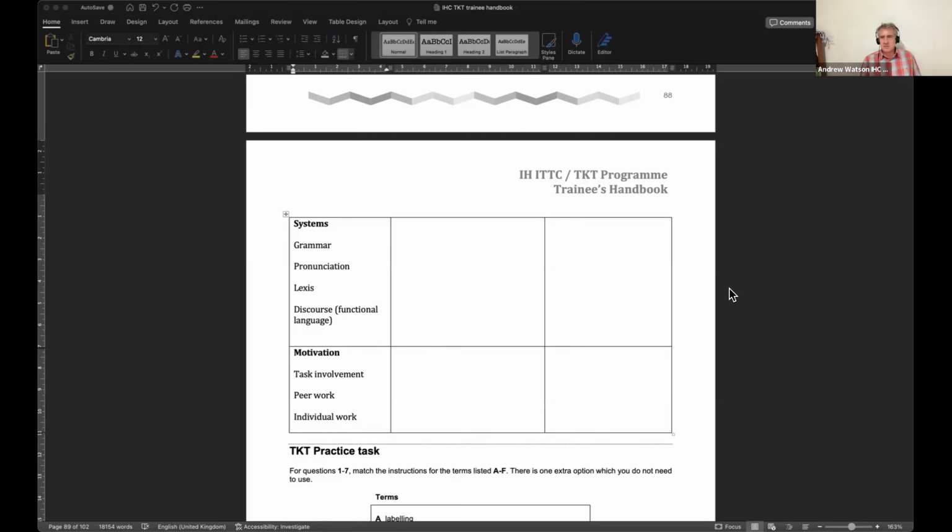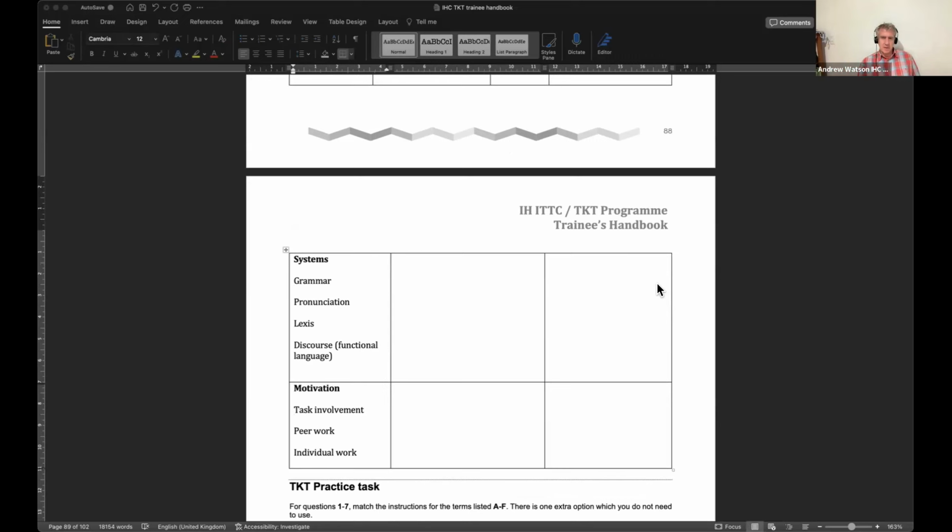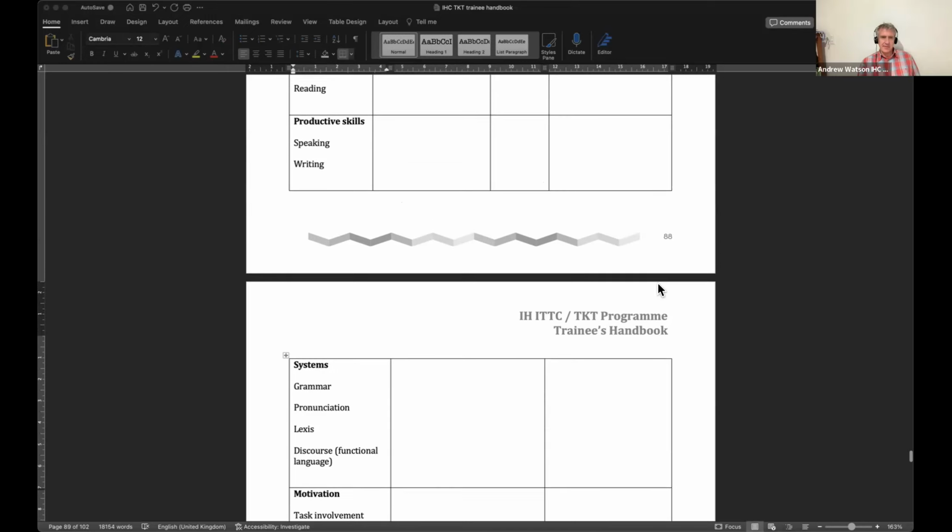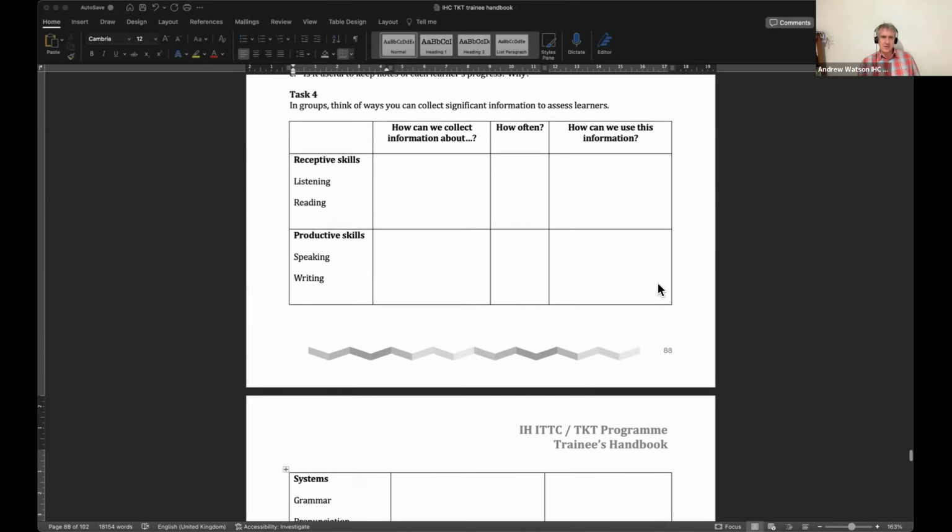And so that gives you information about how the learners might be feeling. So you might consider that for motivation, like a self-evaluation checklist, possibly.